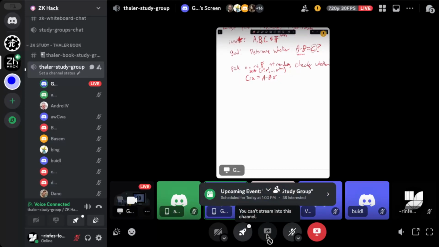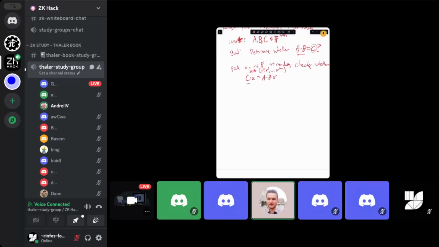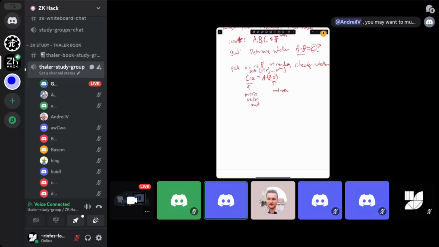And the key point from an efficiency perspective is that you can compute A times B times X with just two matrix vector multiplications. So CX is one matrix vector multiplication. Computing BX is another matrix vector multiplication.